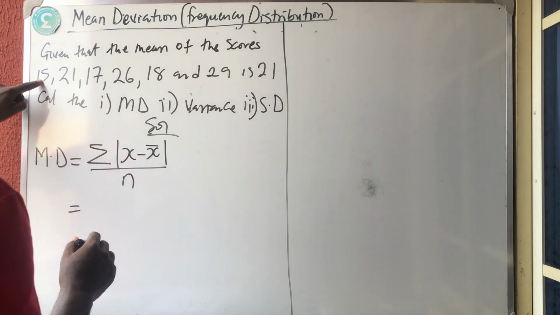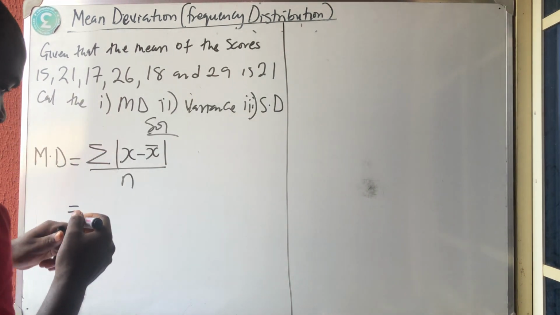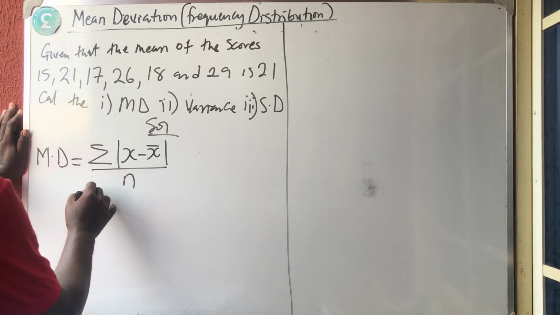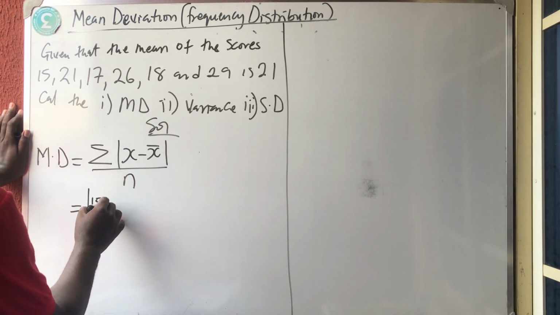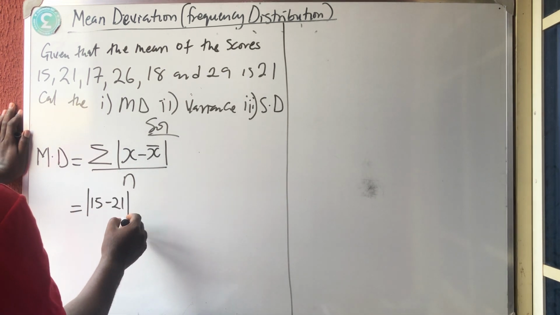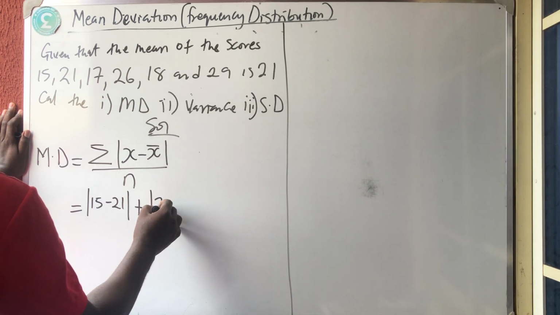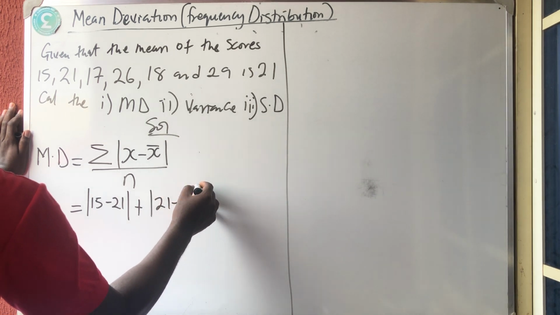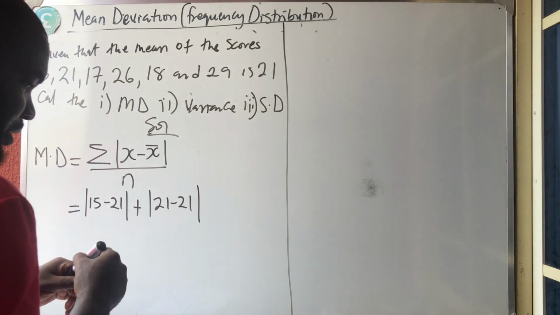Each of them, 15 minus 21 absolute value plus the next one, 21 minus 21 plus the next one. So that is how you keep doing it.